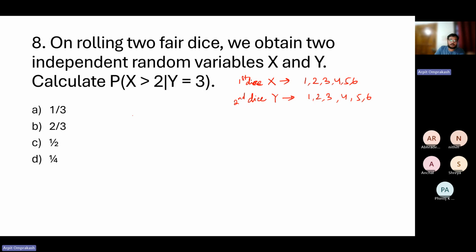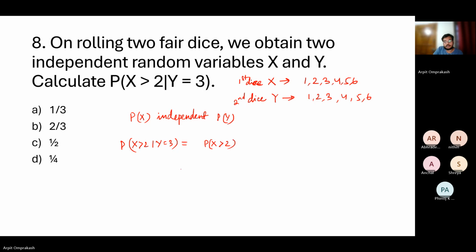So the probability of X is independent of the probability of Y, right? So what we can say here is the probability that X is greater than 2 given that Y is equal to 3 will be the same as the probability that X is greater than 2 because they are independent events. So the probability of one does not affect the probability of the other.